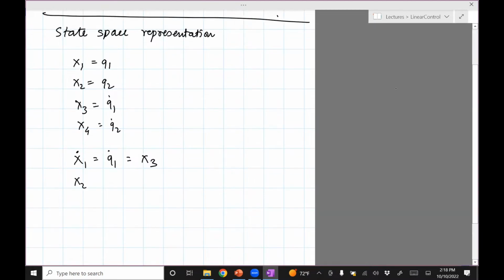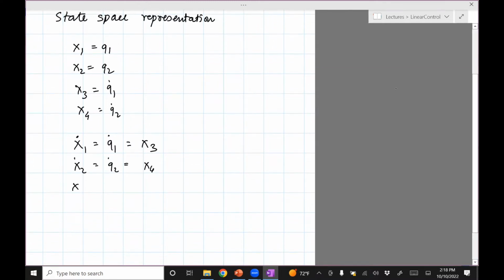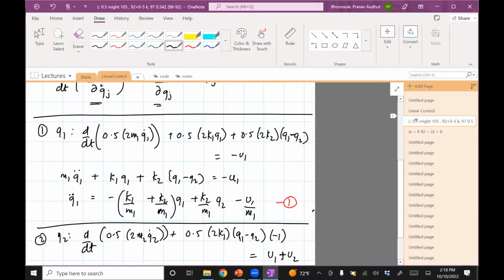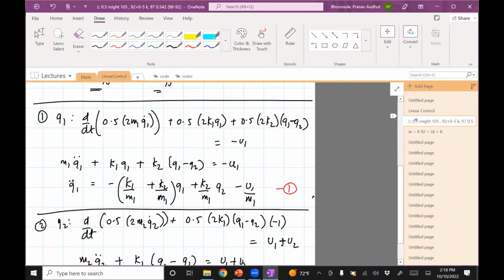Then I have X2 dot equals Q2 dot equals X4. X3 dot equals Q1 double dot. But then Q1 double dot is available to me as equation 1. So I need to substitute the value of Q1 as X1 and Q2 as X2, and that's what I do.